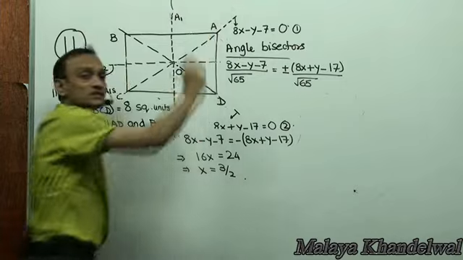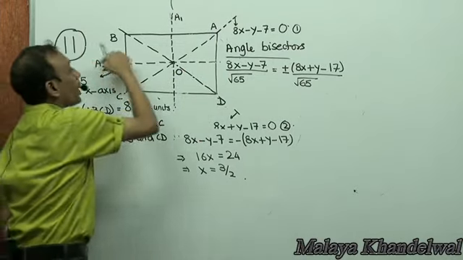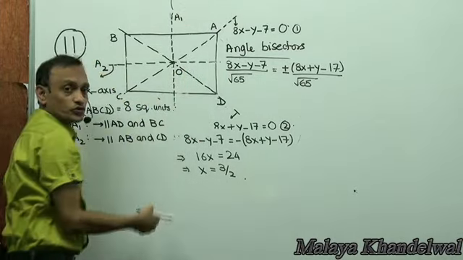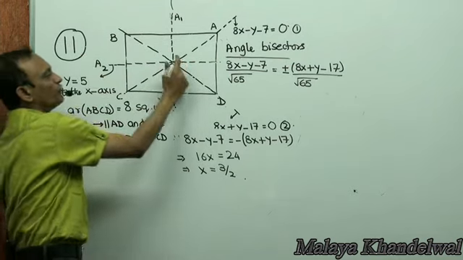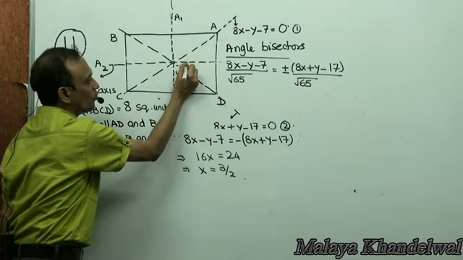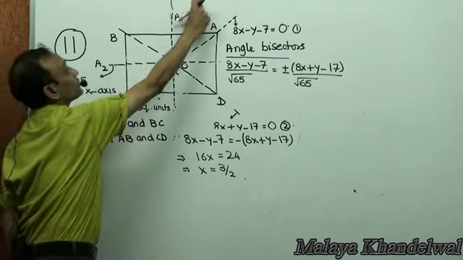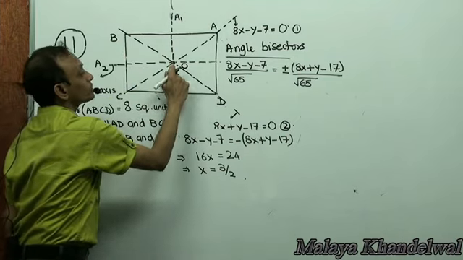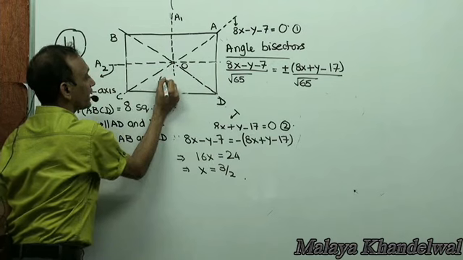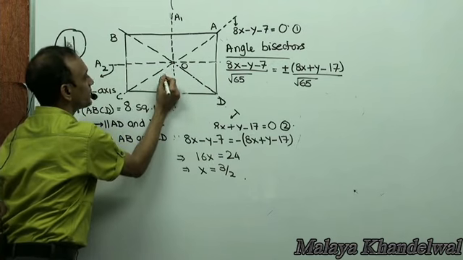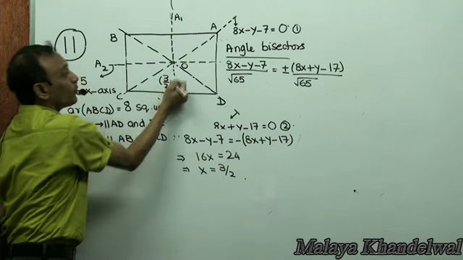Y equal to 5 and x equal to 3 by 2 intersect at O. Therefore, what would be the x coordinate of O? The x coordinate of O would be 3 by 2. What would be the y coordinate of O?